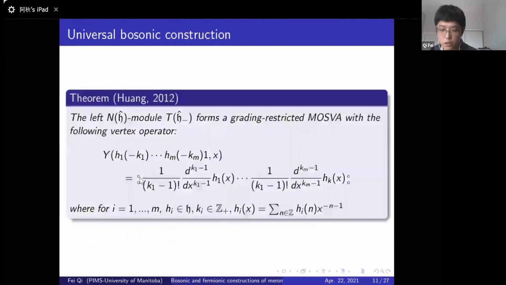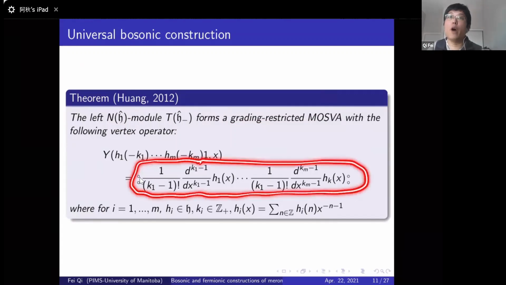Then using this, Huang basically proved in 2012 that, viewed as a left N of H hat module, T of H hat minus forms a grading-restricted module with the following vertex operator. The vertex operator is defined completely the same way as the Heisenberg vertex operator.